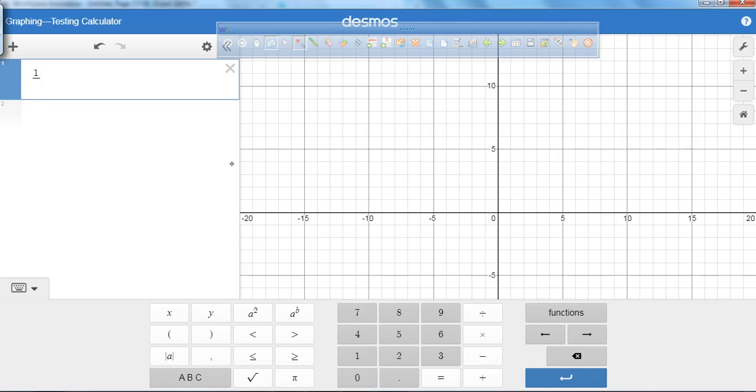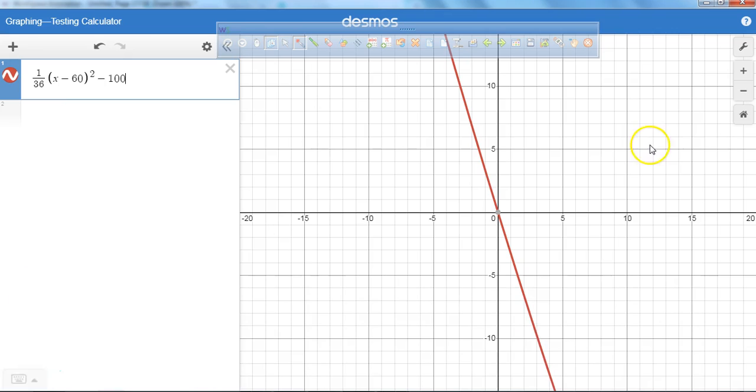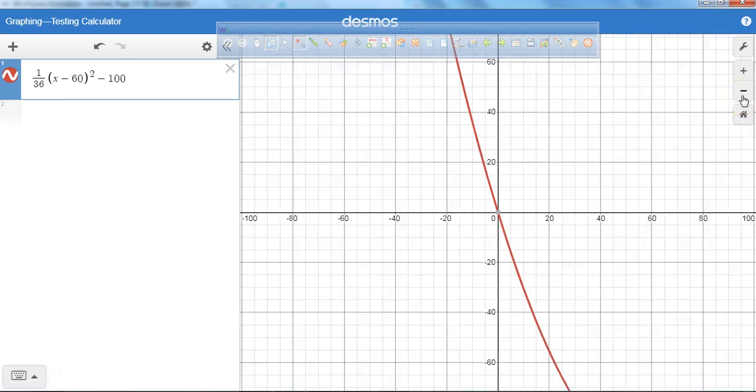So 1 divided by 36, open parentheses, x minus 60. Oh, try that again. We're going to hit squared, minus 100. And you're going to have to zoom out quite a bit, way down there. There you go.